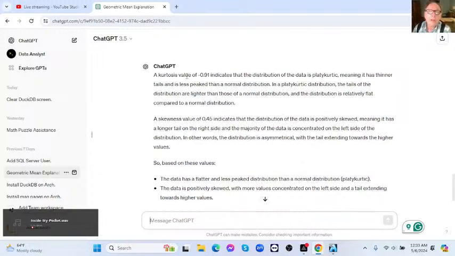Oh, the kurtosis value of negative 0.91 indicates that the distribution of the data is platykurtic, meaning it has thinner tails and is less peaked than a normal distribution. The tails of the distribution are lighter, and the distribution is relatively flat.